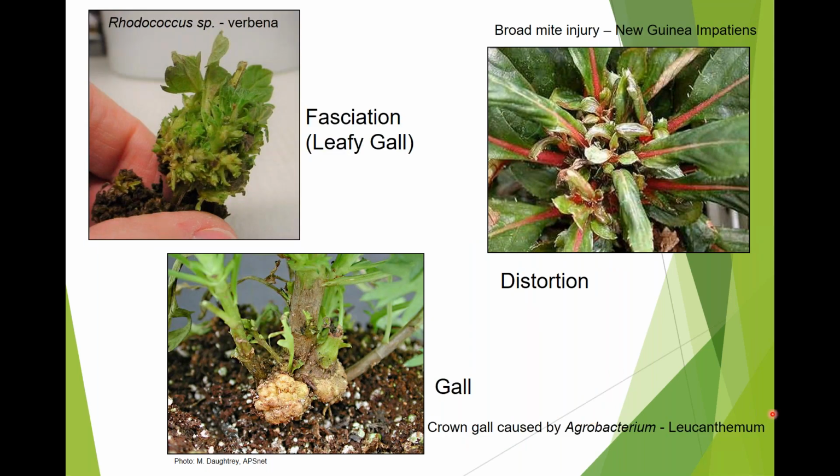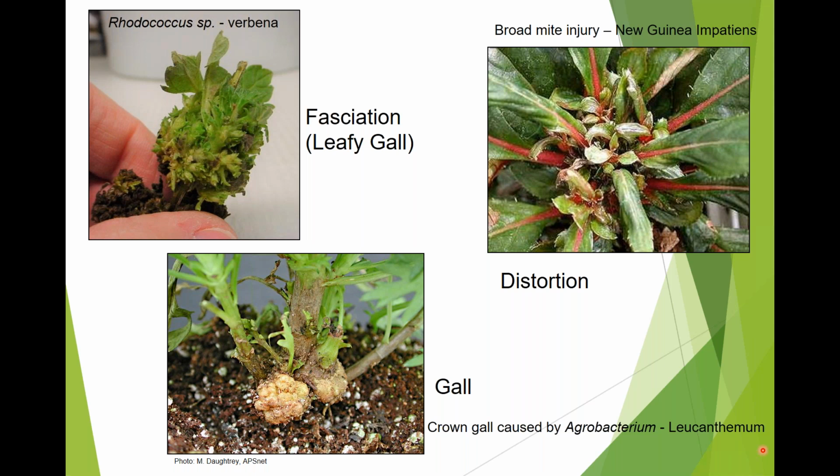Some other unusual symptoms that you may not see very often, but are kind of descriptive or distinctive. Here we've got two different kinds of gall. The picture in the upper left is also called fasciation or leafy gall, and it's basically a proliferation of shoots. There's a swelling, but it contains lots of partially developed growing points. This happens to be leafy gall caused by the bacterium Rhodococcus.